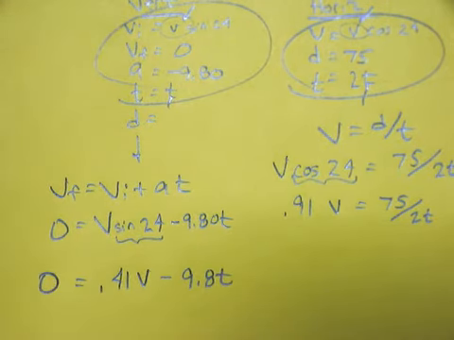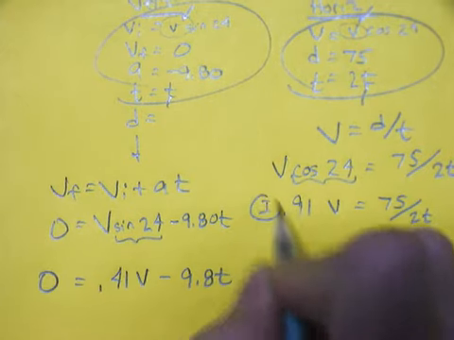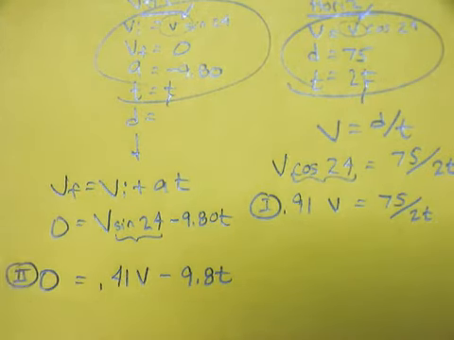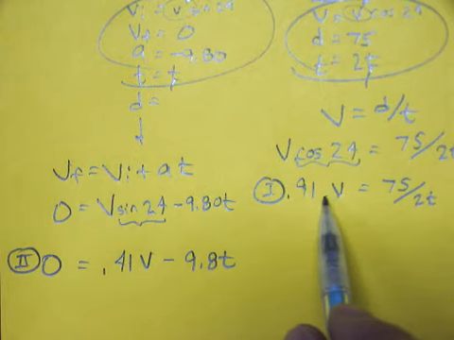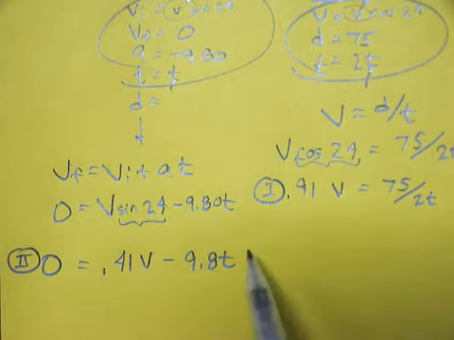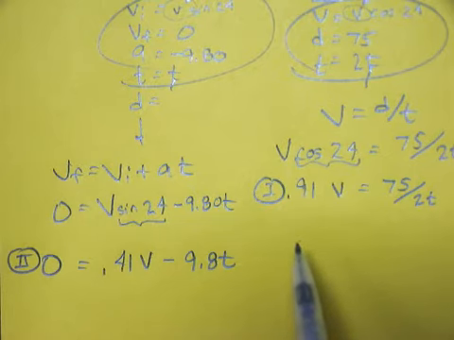Alright. So I have my equation 1 and equation 2. Now I just gotta solve. Maybe I'll solve this one for v and then plug it into the other one. Yep, let's do that.